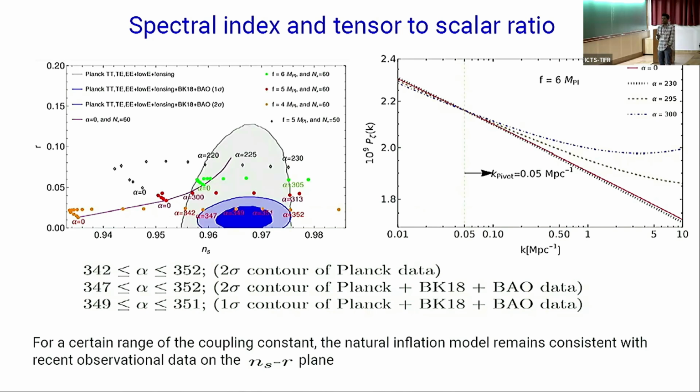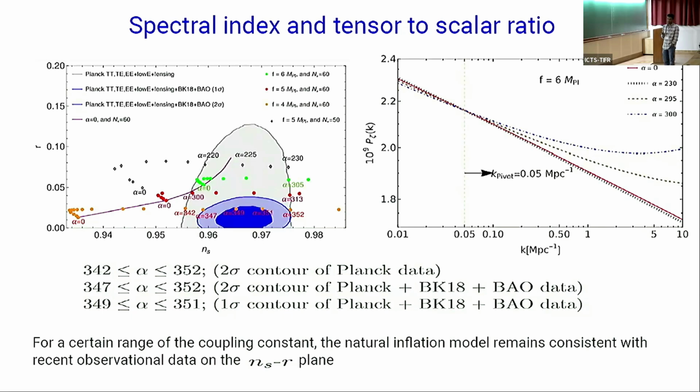Let's first focus on this orange line. If alpha is equal to 0, when the gauge field is not there, then the model is excluded. But if I increase the alpha value, for a certain range of alpha value we can survive our natural inflation model.